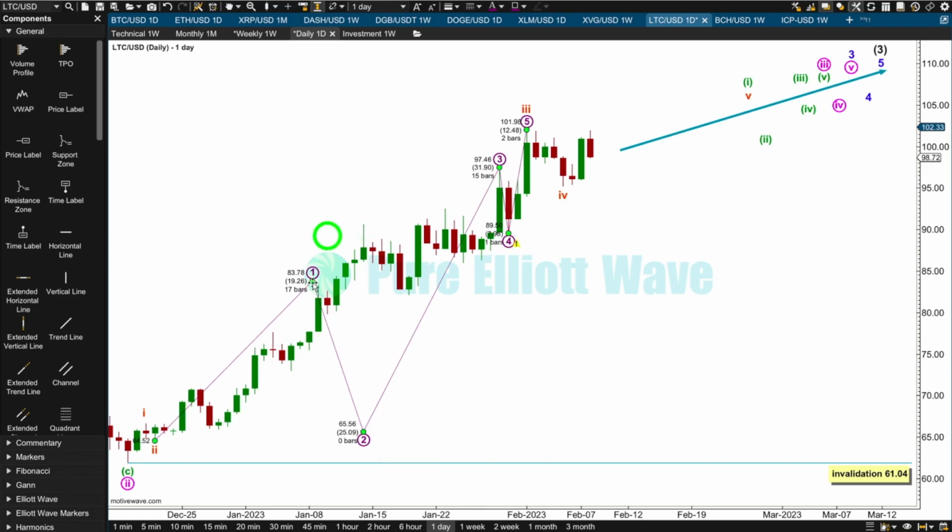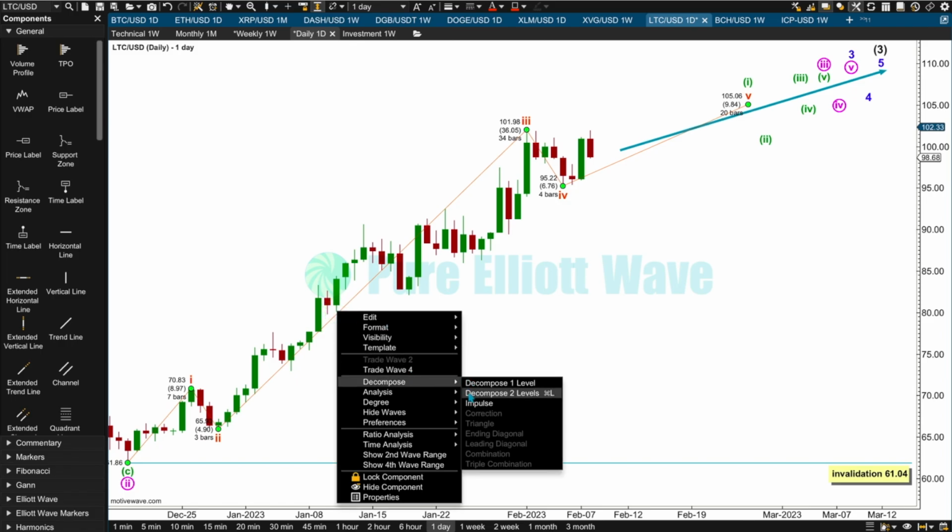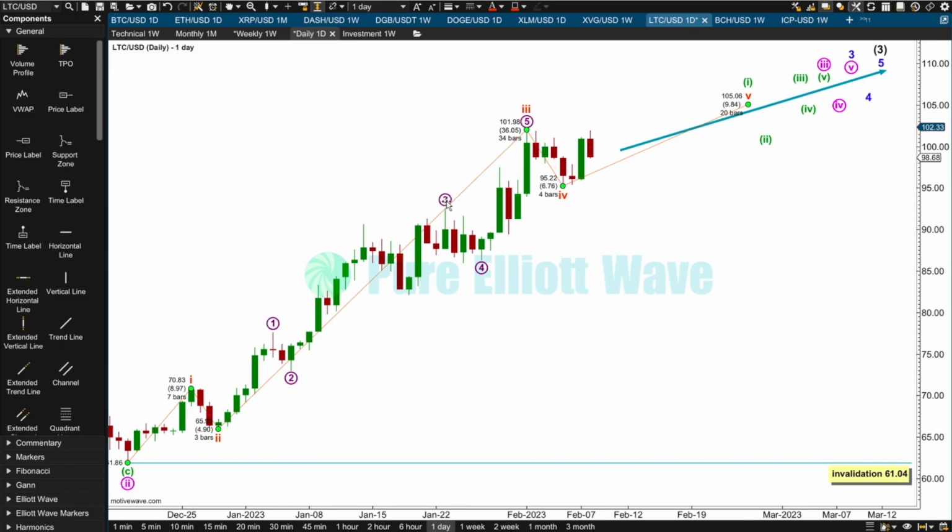No, there's an overlap. I want to see this as a series of third and fourth waves, but then I don't like the brevity of this first wave. I'm going to leave this down here, and I'm going to check the subdivisions of subminuet 1. Now, can I see this? Okay, it has to be a sub-micro degree. Don't like that.